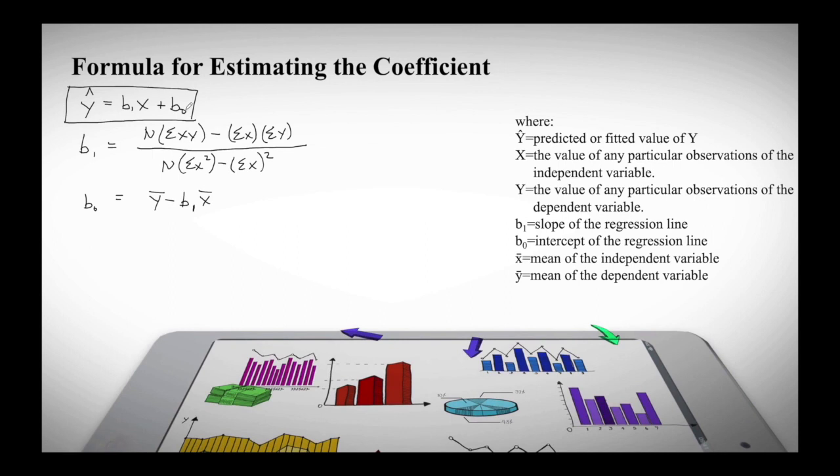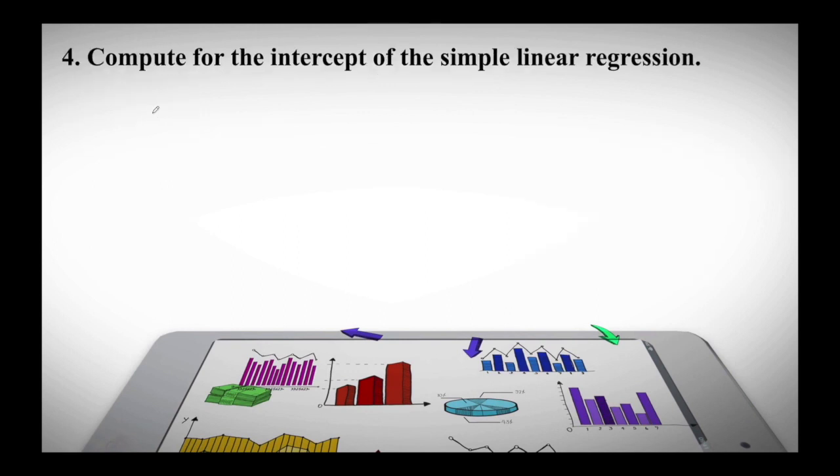Dahil ito yung model na tinatawag, no? Regression analysis model. Y hat equals b sub 1 x plus b sub 0. We already have the value for b sub 1. That's why, pagdating dito sa next step natin, ang gusto niya nang i-compute natin is the intercept. Or this is the b sub 0.